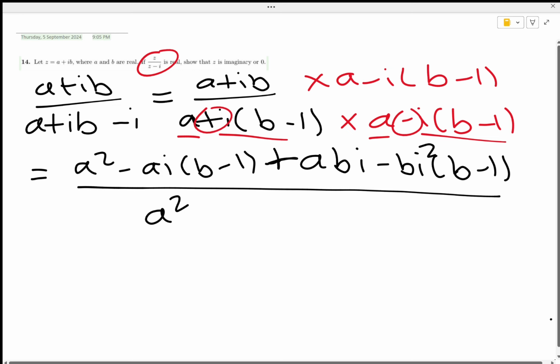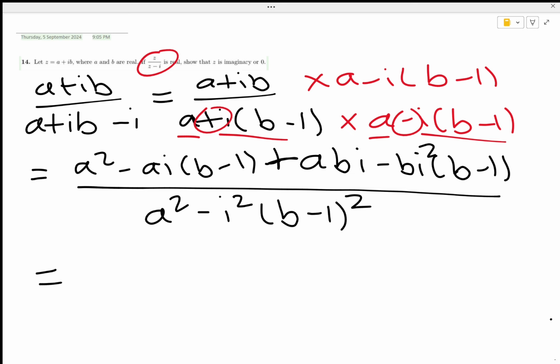There's kind of like a formula: you just need to times the left hand side of the equation with the left hand side and the right one with the right hand side, so which would be this. So plus i times minus i is minus i to the power of 2, and b minus 1, b not minus 1, is that. Alright, now you just expand the numerator and the denominator, I guess.